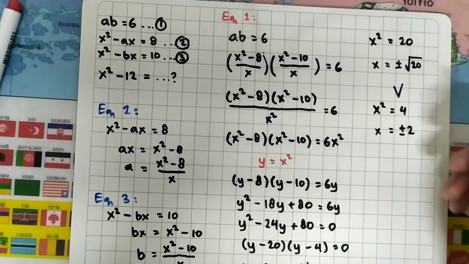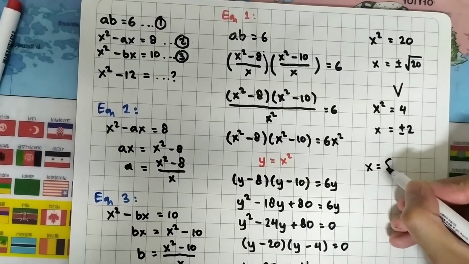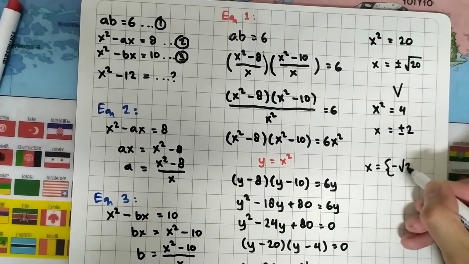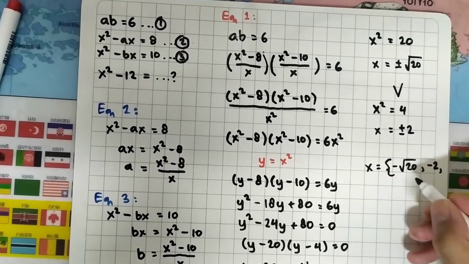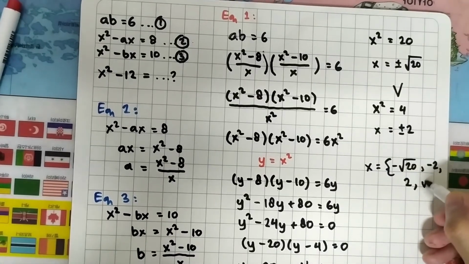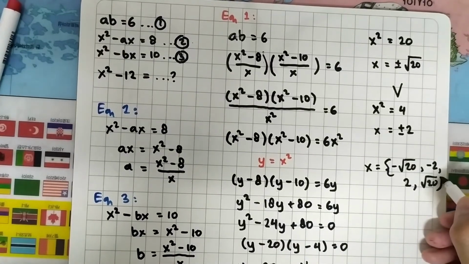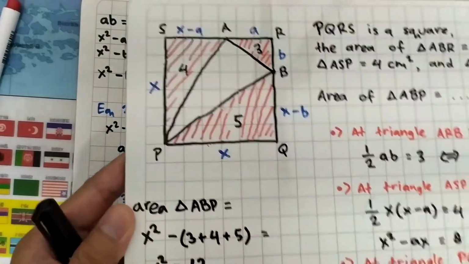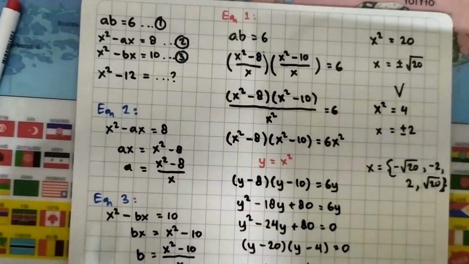So we have the values of x here. There are 4 values, so the possible values of x are minus square root of 20, minus 2, 2, and square root of 20. And let's plug all of these possible x solutions into the original problem and see which one makes sense.